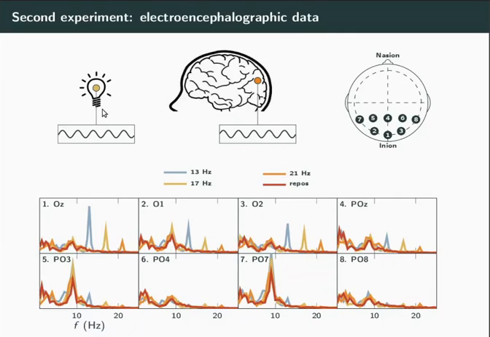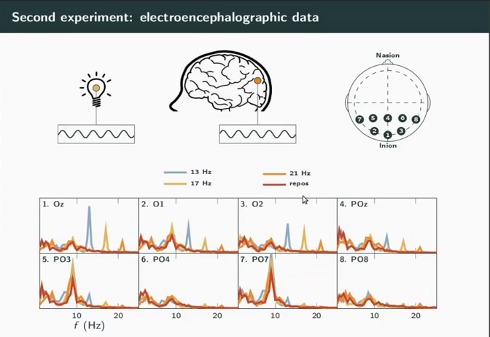So here we have put some electrodes on some people, and we have considered 4 different experimental states: different frequencies for the blinking of the light, 13 Hertz, 17 and 21, and some rest condition as well.